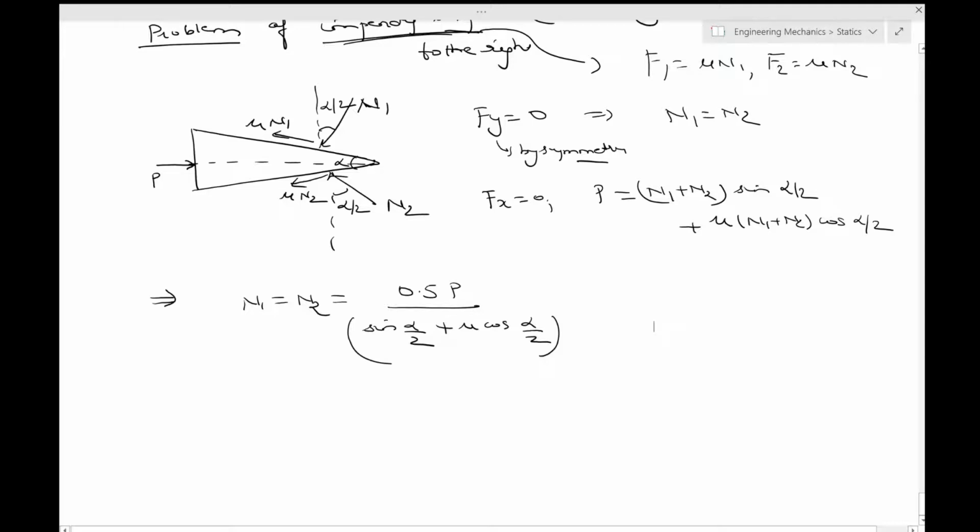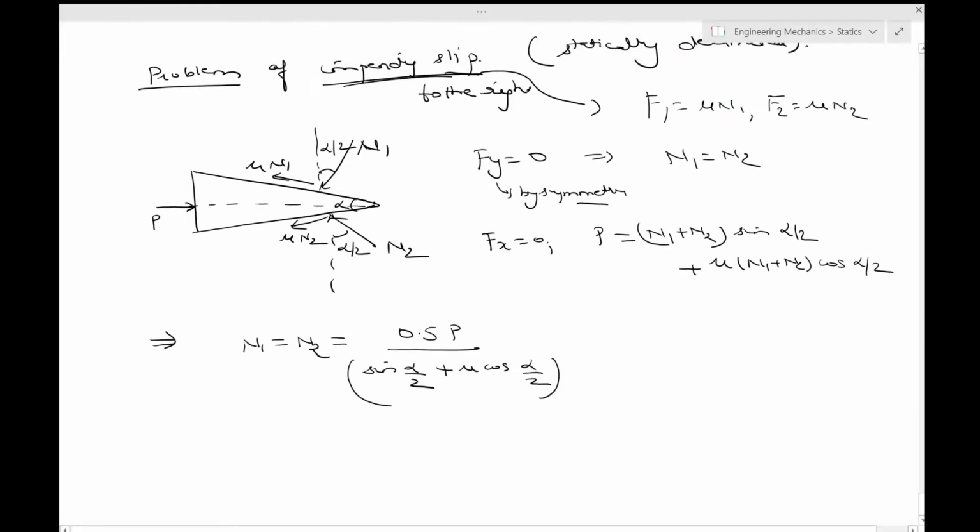Okay, so that's how we are saying that the problem of impending slip is a statically determinate problem.